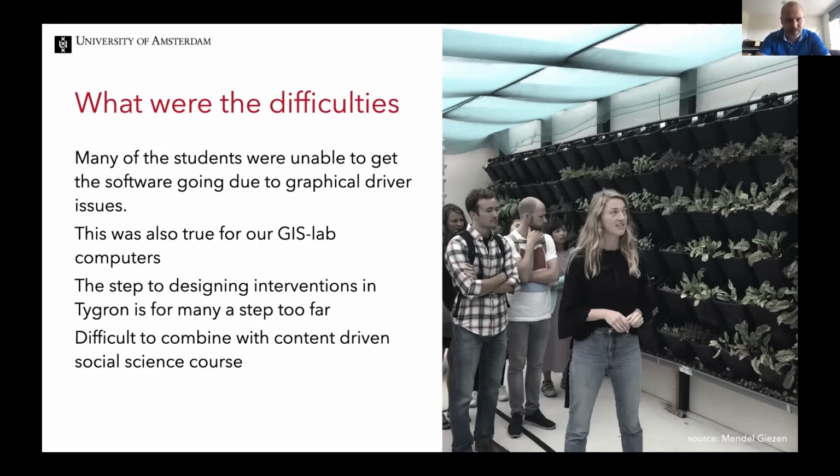But still, we found we needed either more time for the content or more time for the explanation of how to use the software and how to go through it. So in this 6 ECTS course, combining content-driven social science with learning new software proved a bit challenging, to say the least.